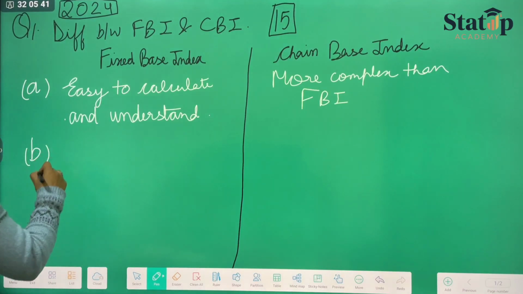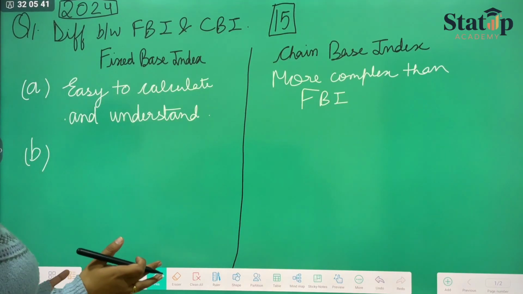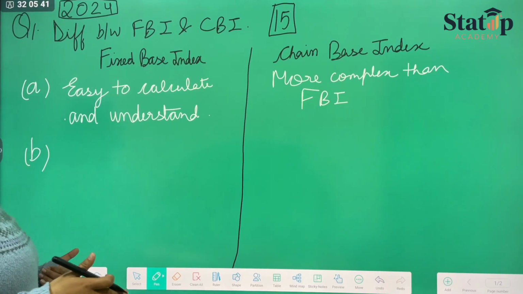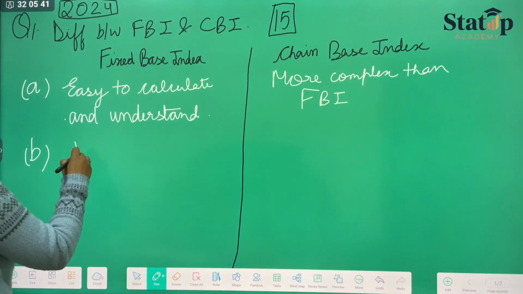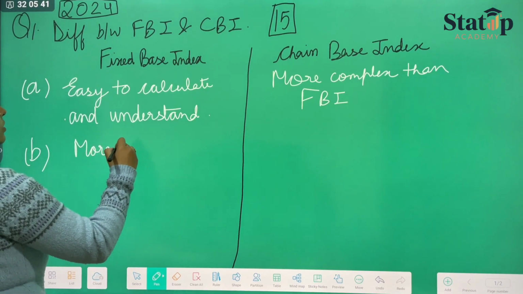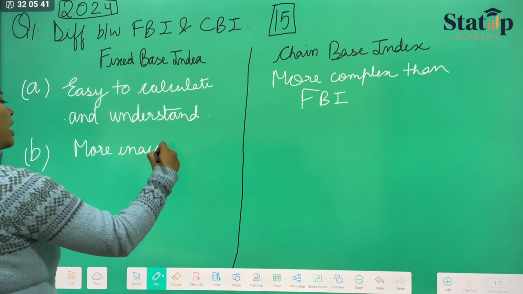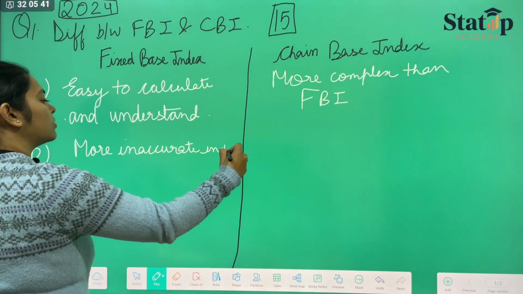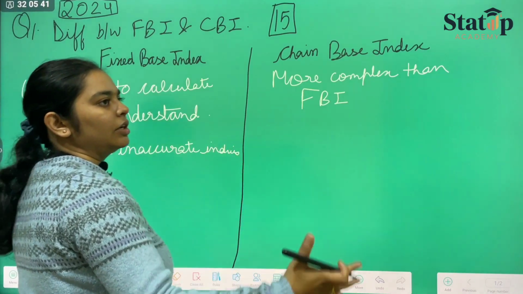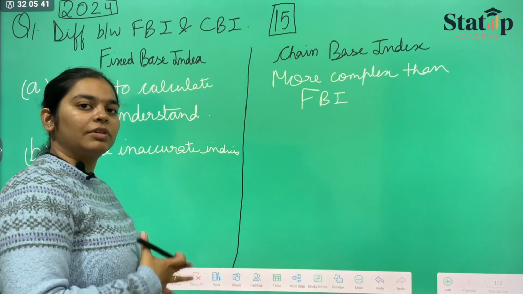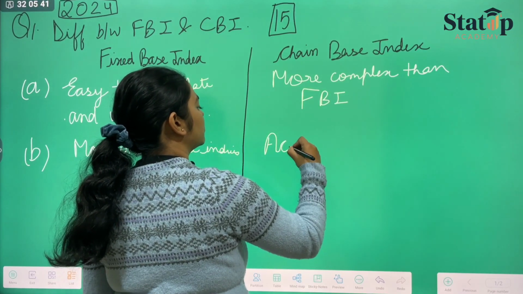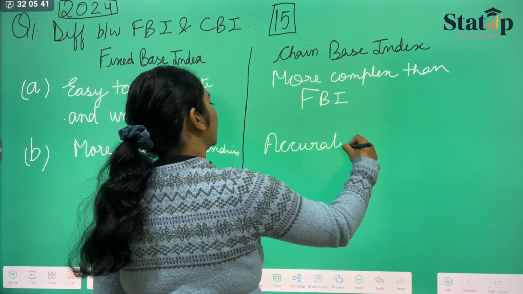As the lag between the base period and the current period increases, fixed base gives less accurate indices. And as the lag period increases, because chain base depends on the previous one only, it gives accurate indices.